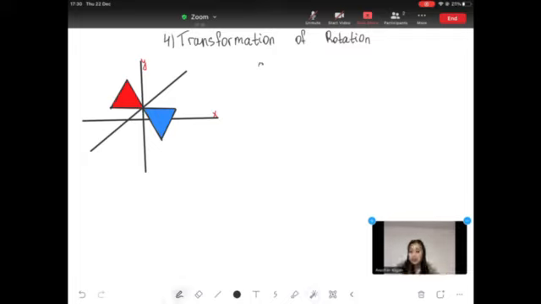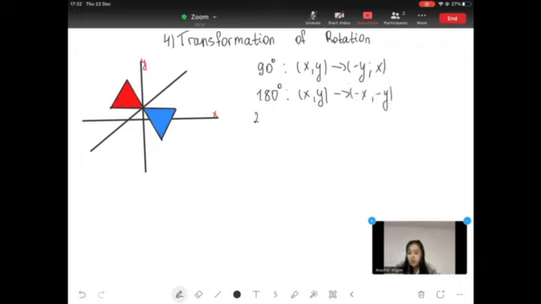To rotate 90 degrees, x and y maps to minus y and x. To rotate 180 degrees, x and y maps to minus x and minus y. To rotate 270 degrees, x and y maps to y and minus x.